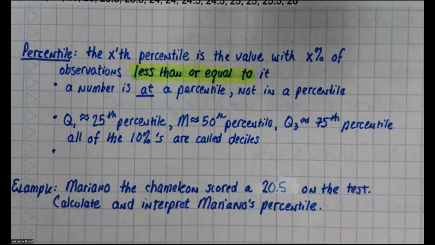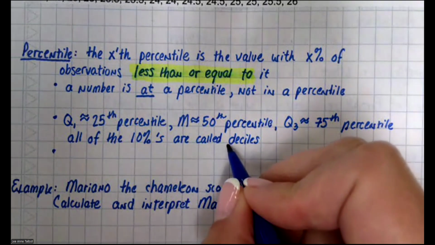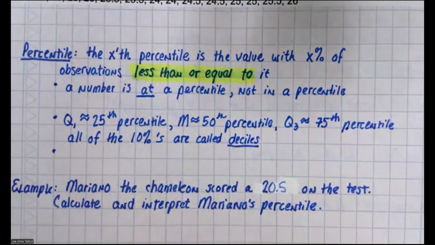Quartile 1 is about the 25th percentile. The median is about the 50th percentile. Quartile 3 is about the 75th percentile. And all of the 10% marks are called deciles.